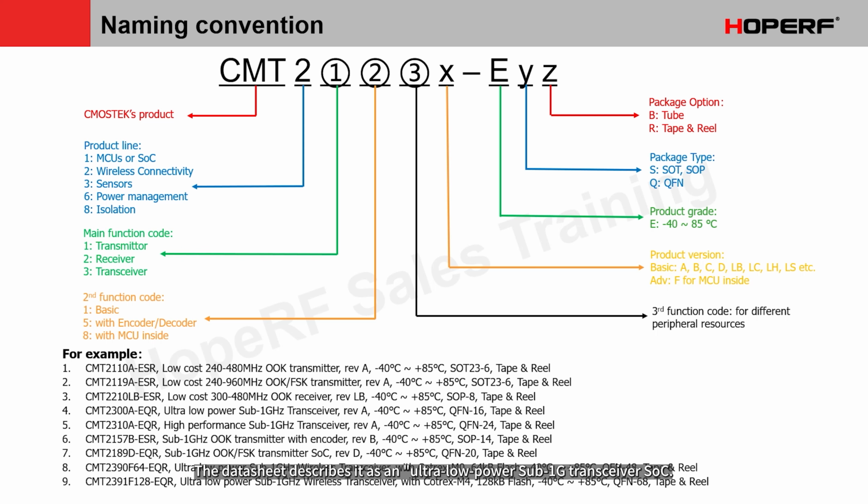The datasheet describes it as an ultra-low power sub-1G transceiver SoC. The MCU core is Cortex-M4F, and the flash ROM is 128 KB. It is an industrial specification product, with a temperature range of -40 degrees Celsius to +85 degrees Celsius. It is packaged in QFN 68. The packaging is tape and reel.